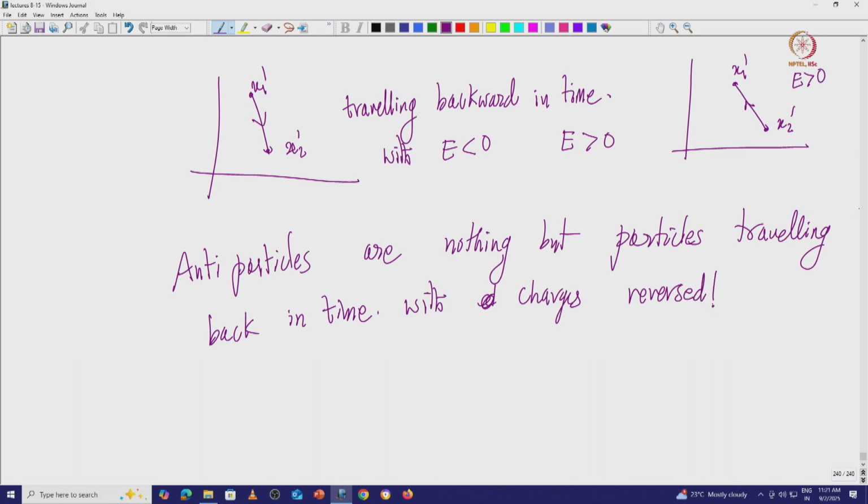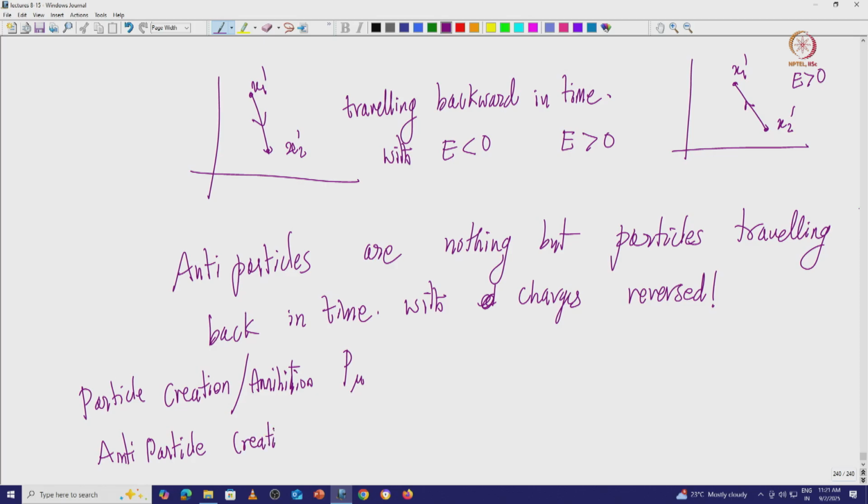So the basic point is that particle creation and annihilation comes with p mu, whereas antiparticle creation and annihilation comes with minus p mu.